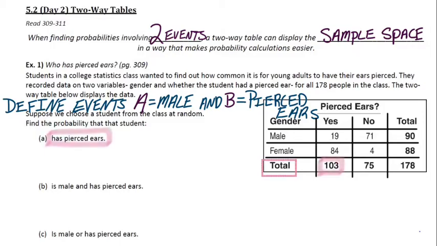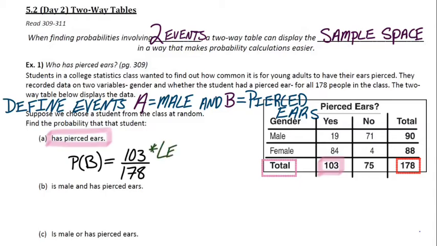And then for the probability of having pierced ears, the probability of B, well, the total number of young adults, whether male or female, that had pierced ears was 103. So 103 out of the total sample size would be 103 out of 178. And we're actually just going to leave it at that.